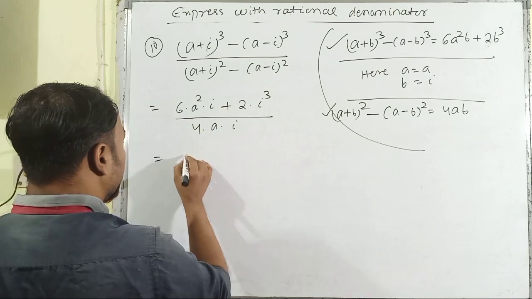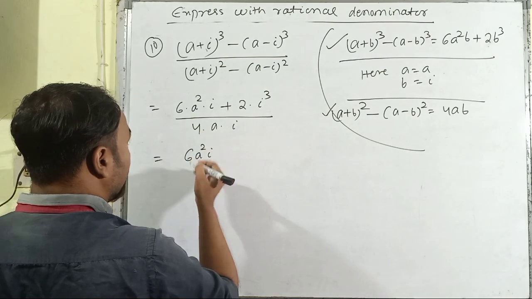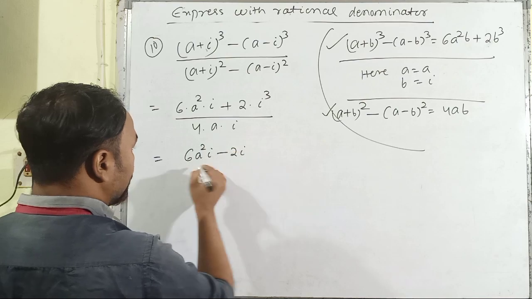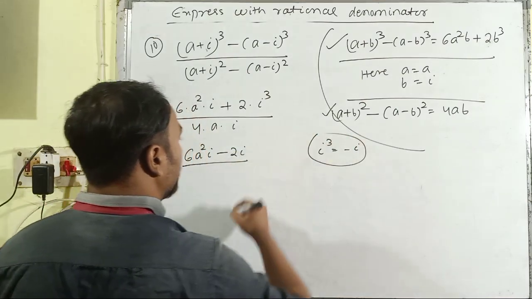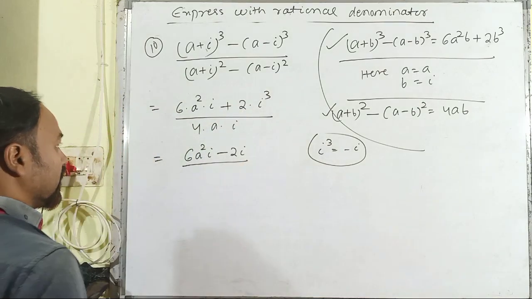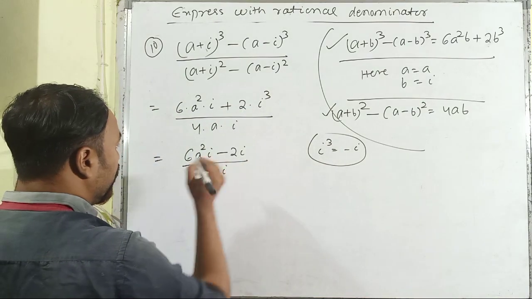Okay, here it is 6a square i minus 2i, because the value of i cube is equal to minus i, and here we have taken 4ai.